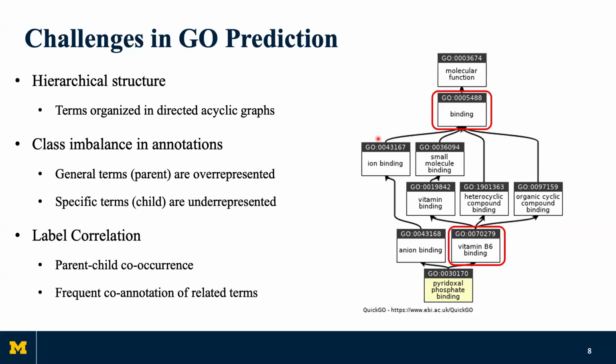This hierarchical structure leads to a class imbalance, because if a child node is present, its parent node must be present. Hence the general terms like binding are heavily represented, while specific terms such as vitamin B6 binding are underrepresented.